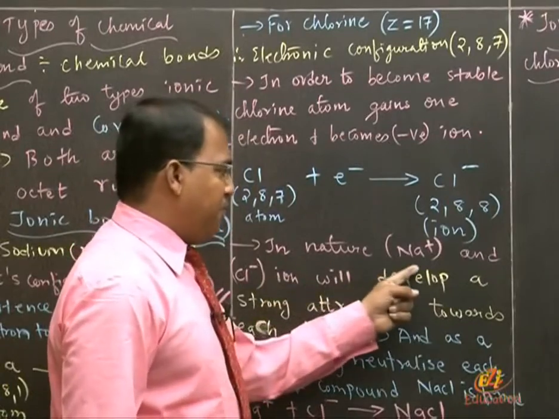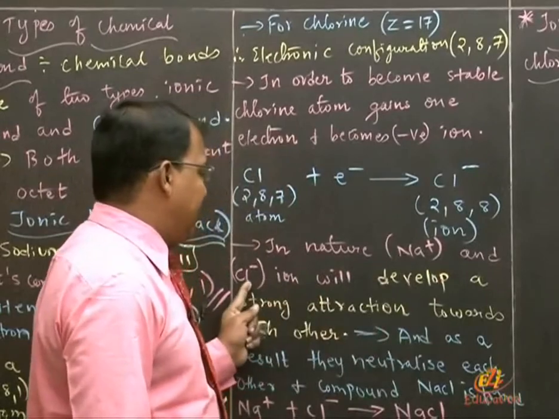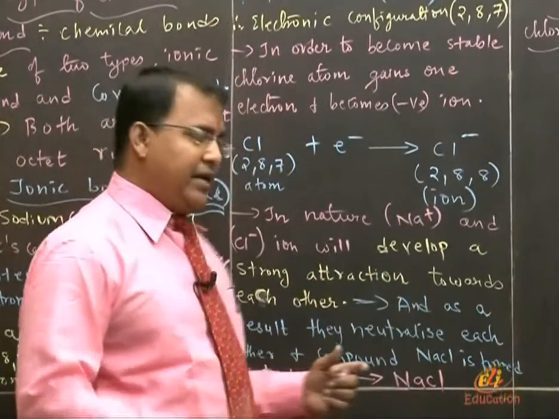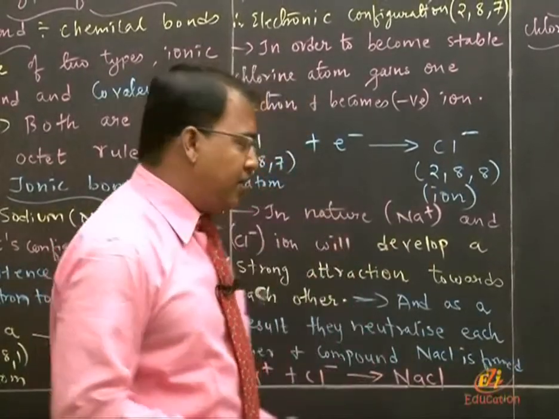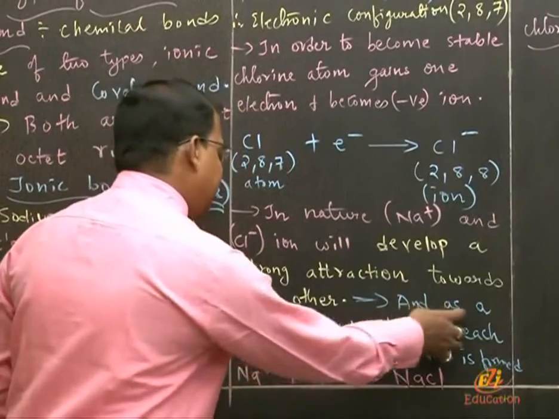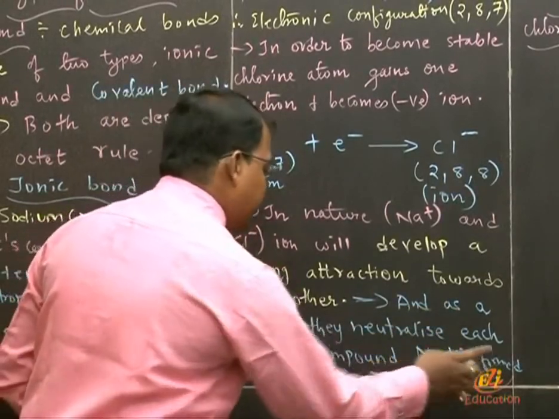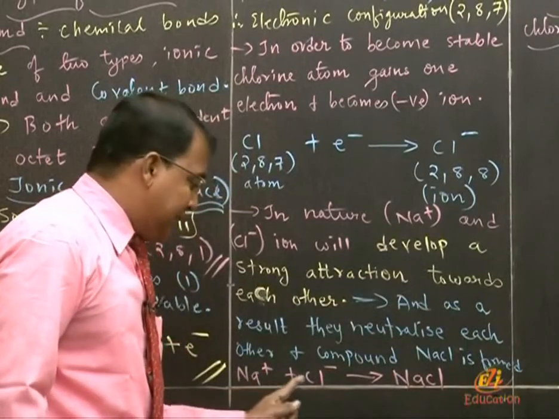In nature, Na positive, which was formed previously, and Cl negative ion will develop a strong attraction towards each other. Na positive, Cl negative attracted, and we get a compound NaCl. And as a result, they neutralize each other and compound NaCl is formed like this: Na positive, Cl negative.